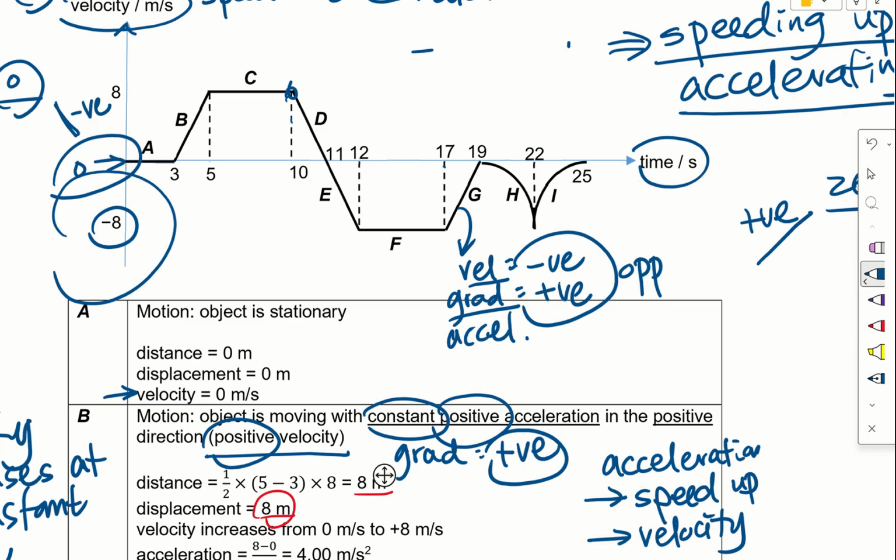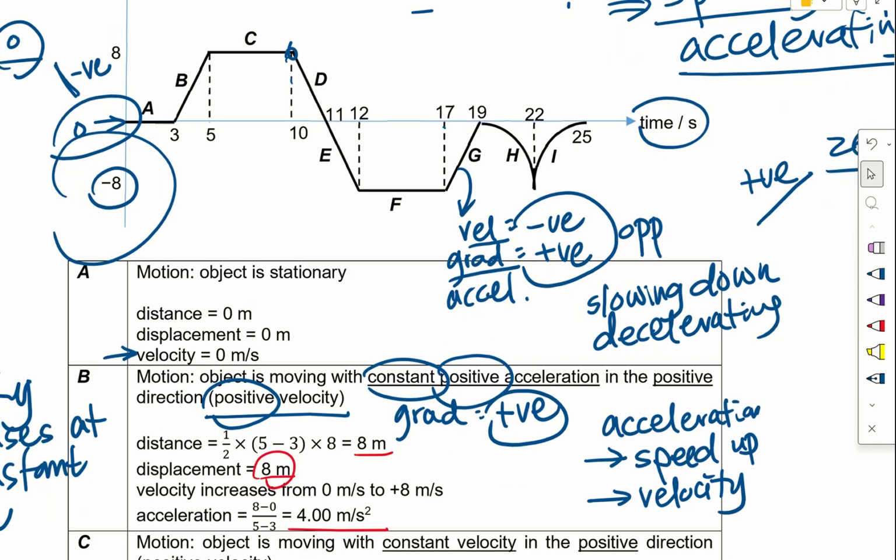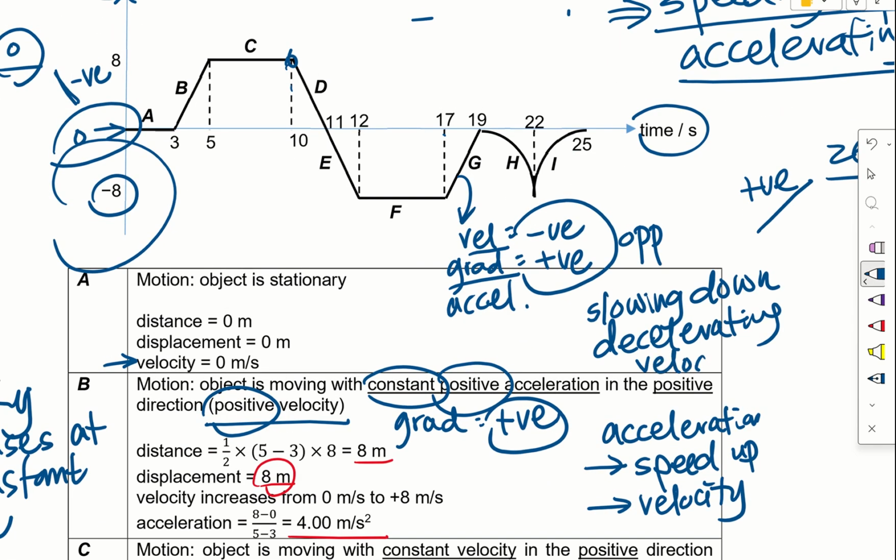If they are opposite, it means it is slowing down, or decelerating. Or we can say that the velocity is decreasing.